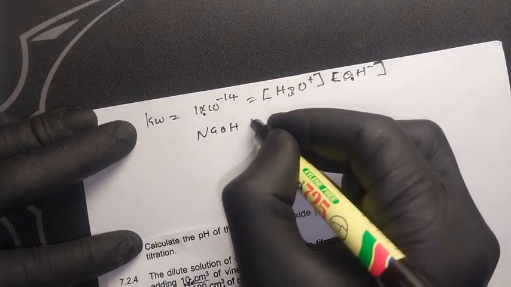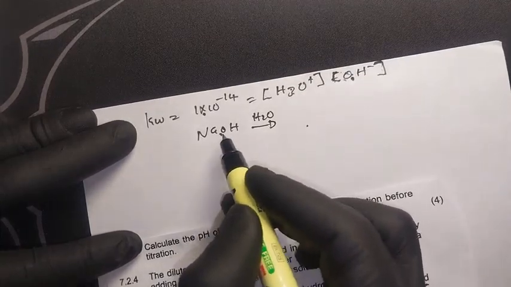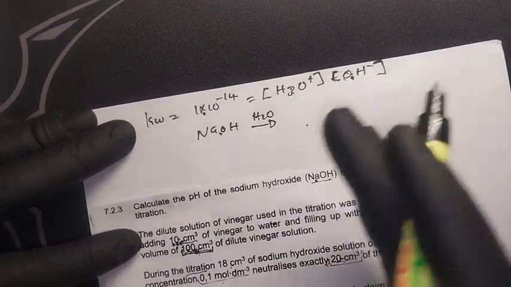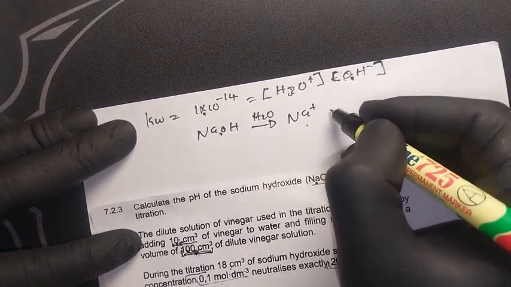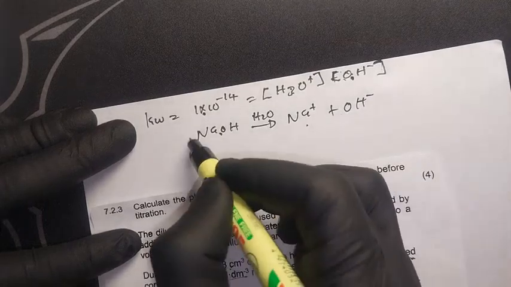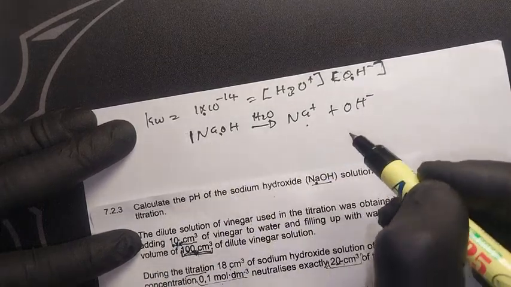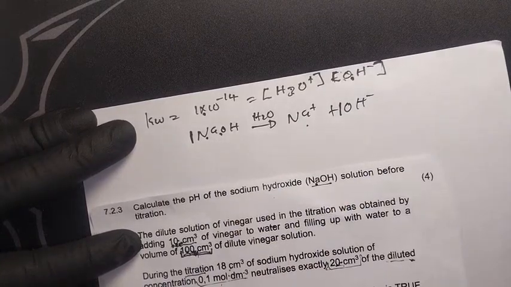Now this one we're going to put in water. We don't write it down here because it doesn't form an ion, it only dissociates. So it's going to be Na plus and OH minus. For every 1 mole of this per unit volume, there is 1 mole of this per unit volume, because it dissociates completely.